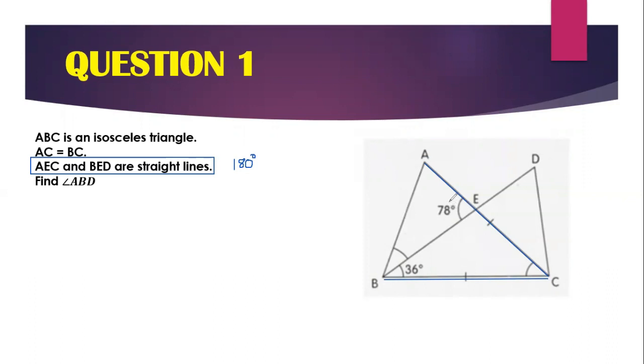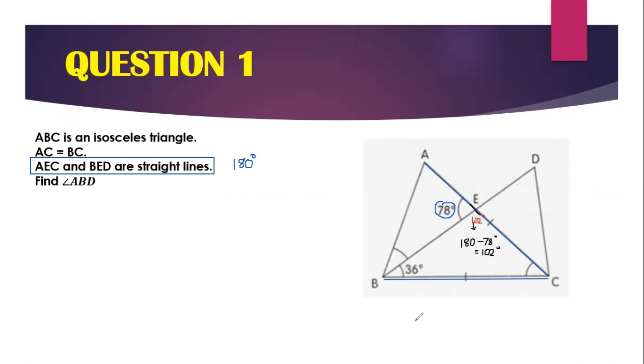So then here is 78, right? And this one is a straight line. So here is 180 minus 78 degrees. Right? We'll find 102 degrees. So we can write here 102 degrees.